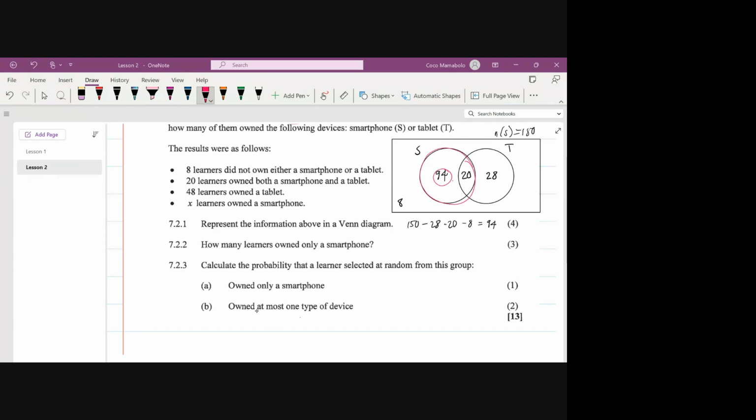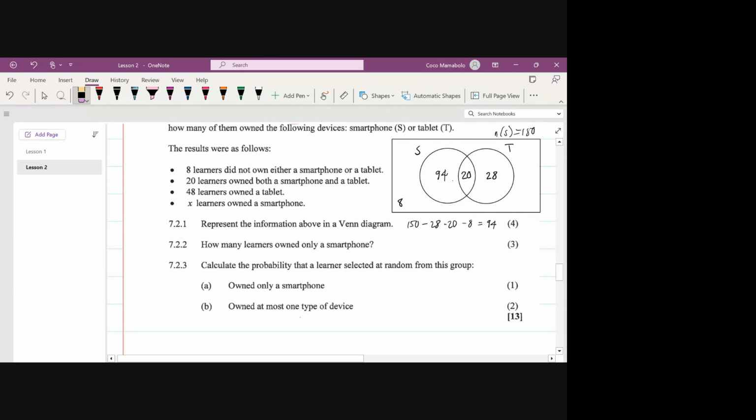So please, please be very, very careful. Do not then take that 94 and minus 20 from it. Your answer is going to come out correct. All right, so your answer for smartphone only is 94 as we see it. All right, so our X is 94.